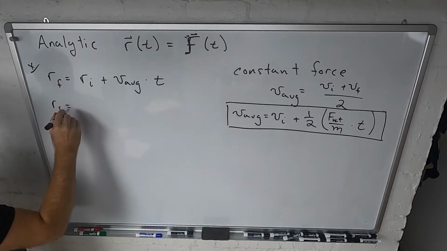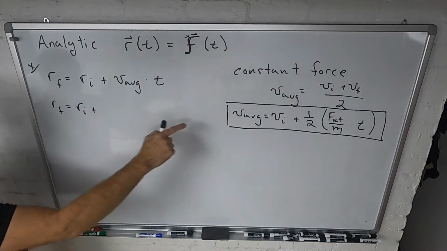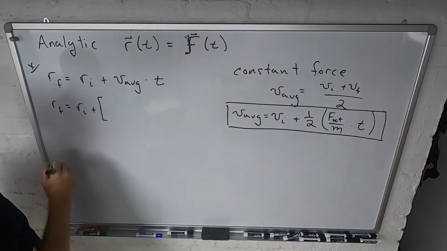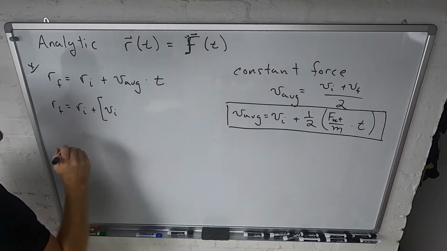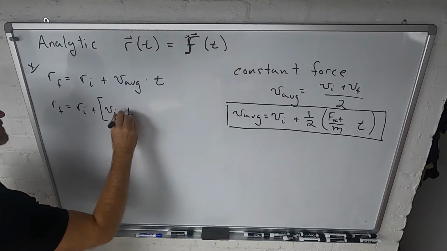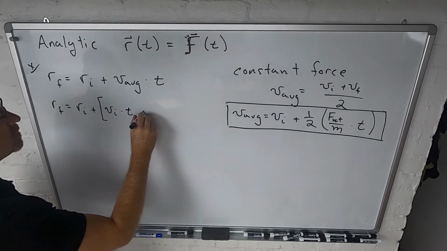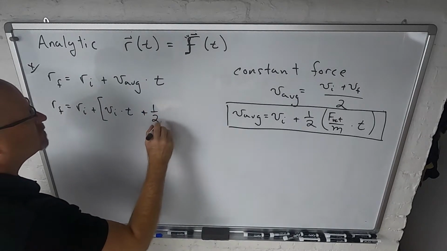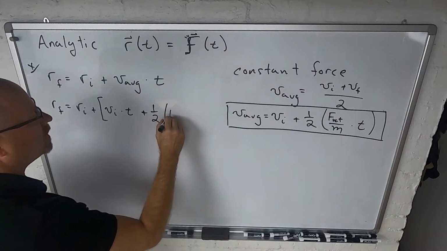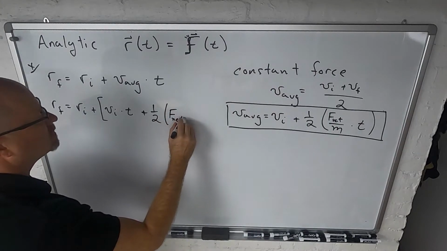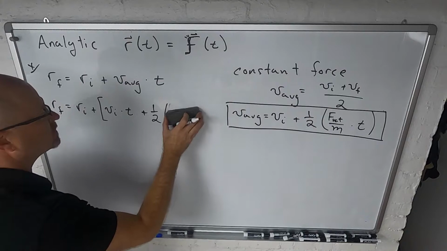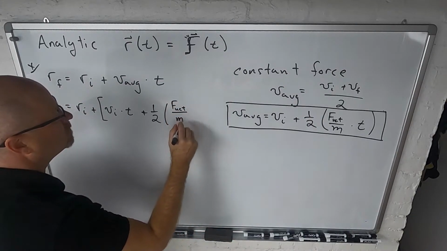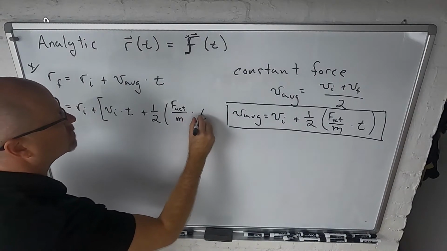R final is equal to R initial plus, well, we've got a T, so we've got to keep track of our T. V initial times T, so every term picks up a T, plus 1/2 F net, well, I need to put that over an M, so I just got to go upstairs, F net over M times, well now, T squared.